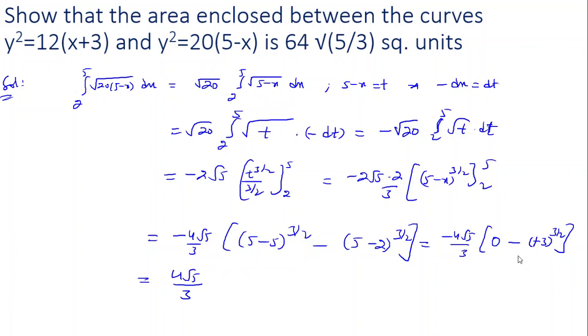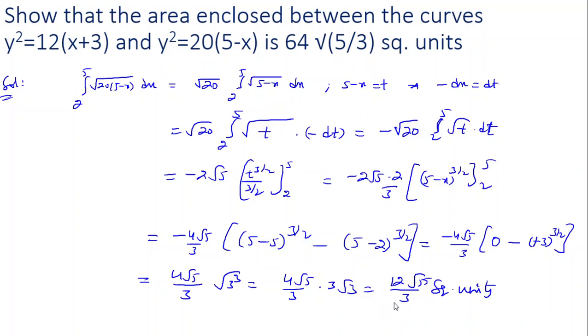Minus into minus is plus, and now this is root 3 cube. So now this is 4 root 5 by 3 into 3 root 3, so this is 12 root 15 by 3 square units.